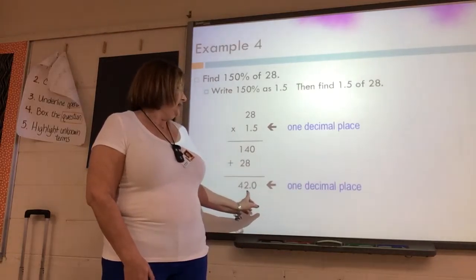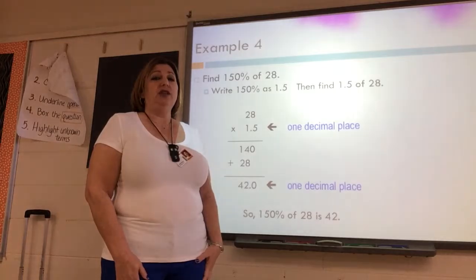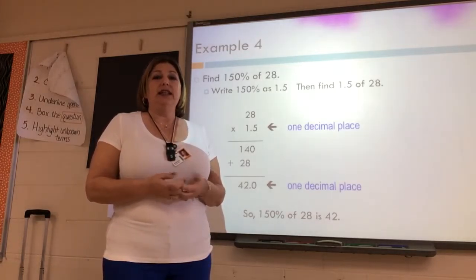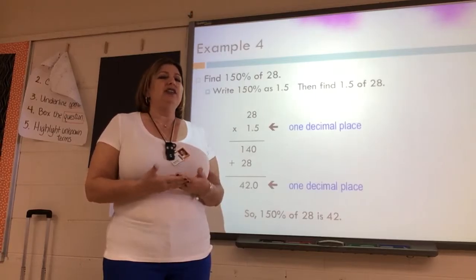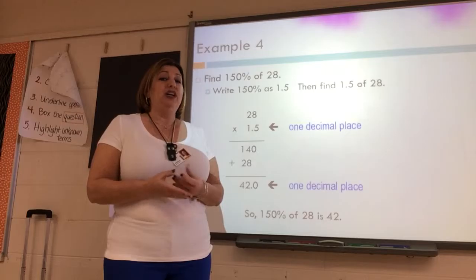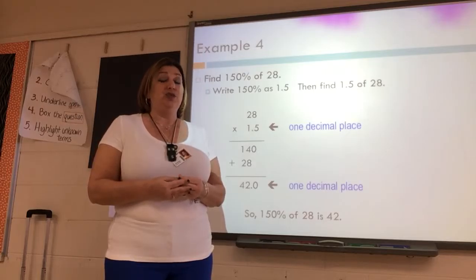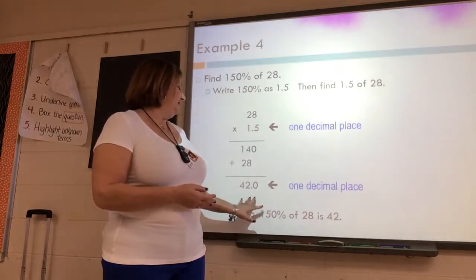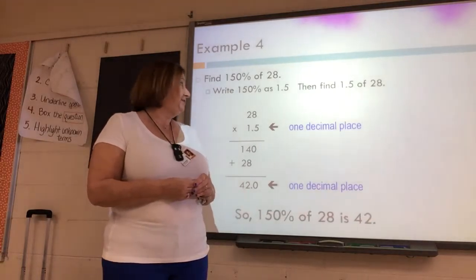You get 420, don't forget the decimal point, your answer is 42. So 150% of 28 is 42. Do you see a relationship between 28 and 42? We know 100% of 28 would be 28. 50% is half. I hope you saw that.